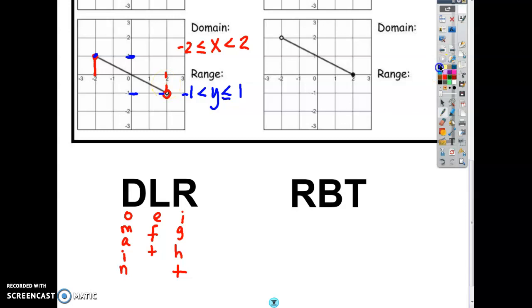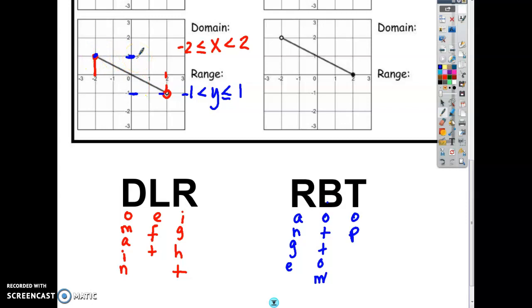Okay? Ribbit stands for range, which is bottom to top. B stands for bottom. T stands for top. Okay? So when we did the range for this one, we went from the bottommost point to the topmost point.